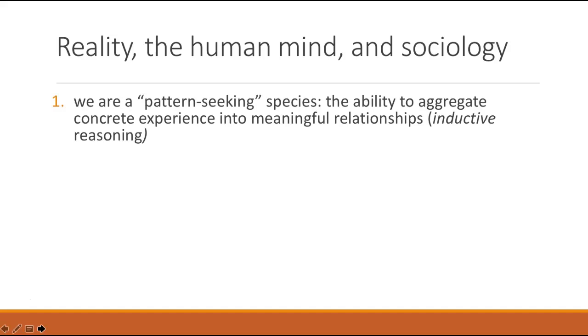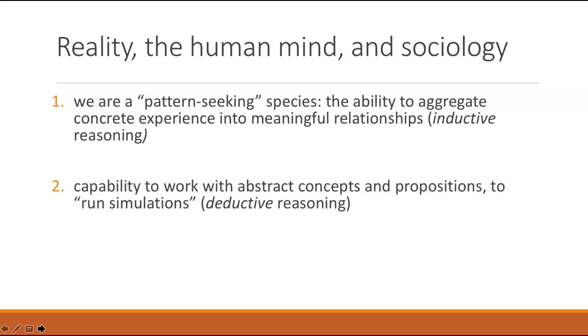First, one thing our brains are really good at is finding patterns in concrete experience and coming out with something meaningful. If we aren't disciplined about it, we end up with fake news, like a face on Mars or on a pierogi. But when we use that capacity well, we call it inductive reasoning, finding meaning in concrete experience.